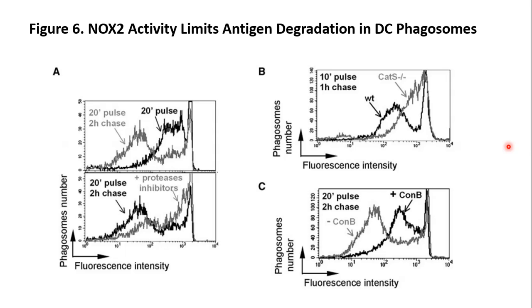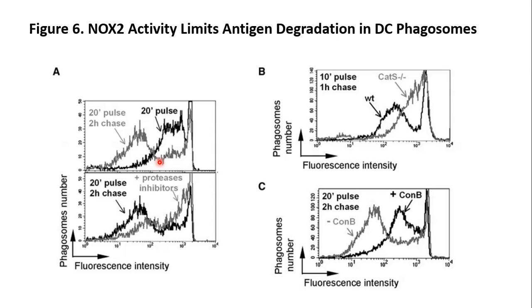After phagocytosis of beads covalently attached to the antigen OVA, the cells were lysed and the amount of OVA remaining on the beads was quantified using polyclonal OVA-specific antibodies and FACS analysis on the isolated beads. So you can see in figure 6A a marked decrease over time in the amount of OVA attached to the beads, was observed as compared to wild type.